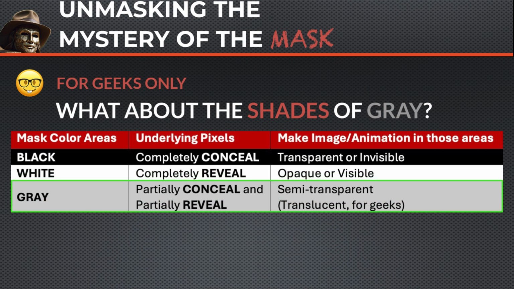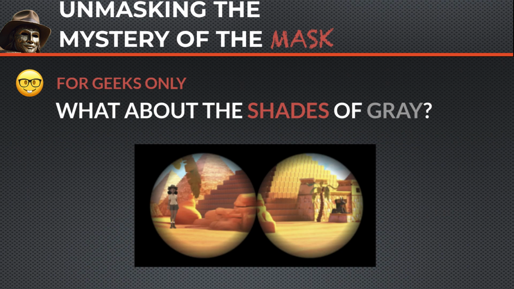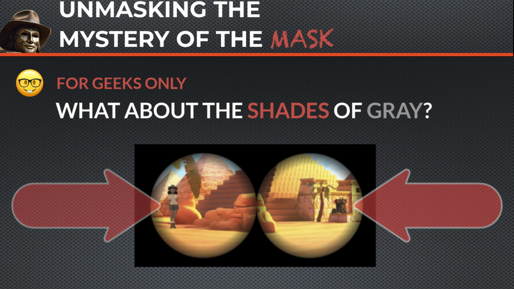And gray areas of a mask will partially conceal and partially reveal pixels of the underlying layer, making them semi-transparent or translucent in those areas of the image or animation. Notice how the edges of the binocular lens where the shades of gray are used in the image become semi-transparent where the mask is applied.